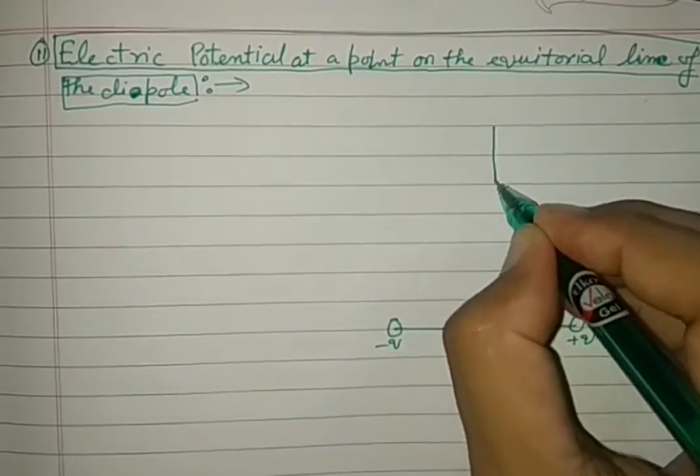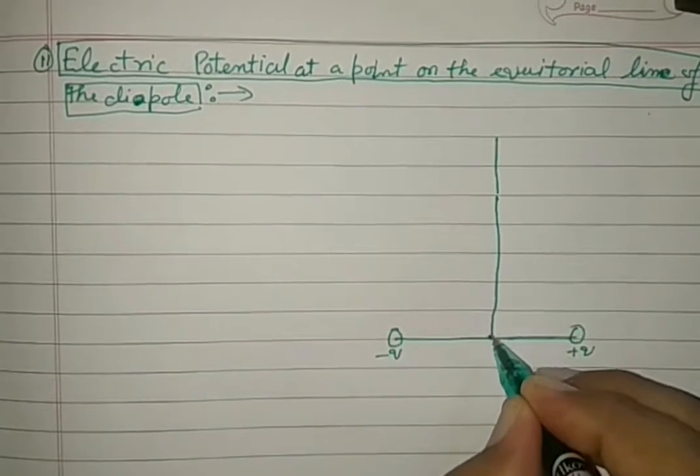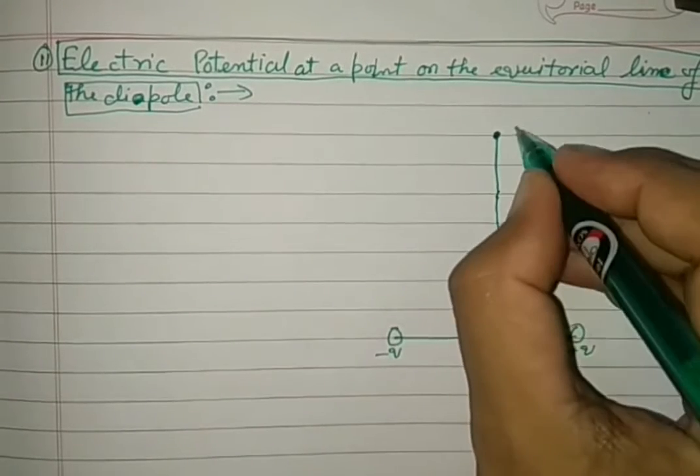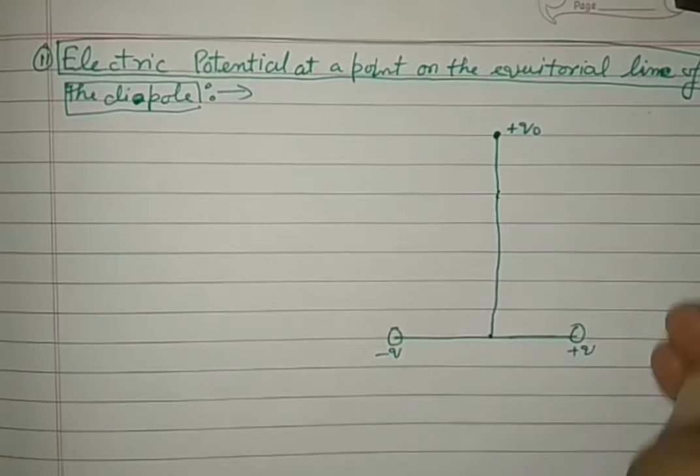We are considering a perpendicular line here on it, and the test charge plus Q0 is kept here.